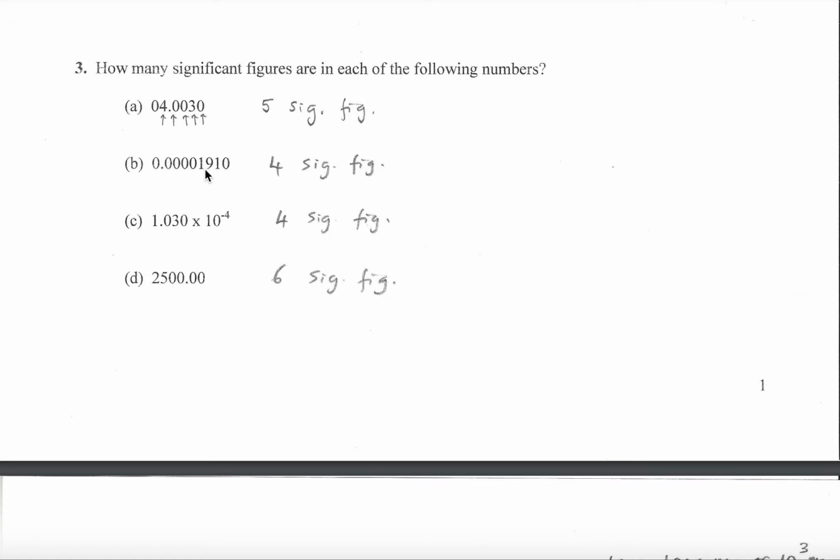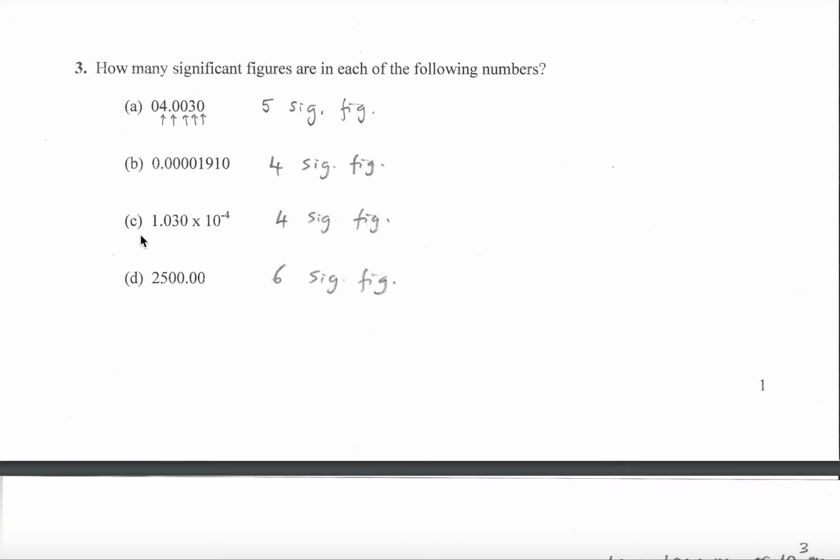Okay, and that would be 1.910 times 10 to the minus 5. So you would not have to use any of these 0s. Okay, therefore they're not significant. You can replace them. Therefore we only have 4 significant figures here. Now this last 0 is significant because it's after the decimal place. Okay, it tells us the precision. All right, we cannot replace that.